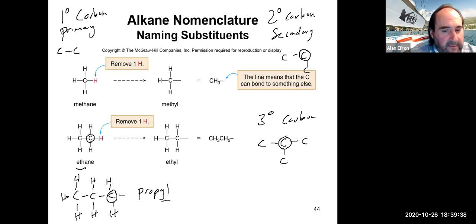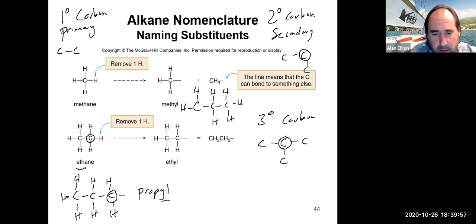But sometimes the hydrogen that comes off is not from the primary carbon. So perhaps if we took our propane, which is this guy, and again, this carbon here is a primary carbon. If we lost any of the hydrogens on that, we will end up with this guy. This guy over here is a primary carbon.